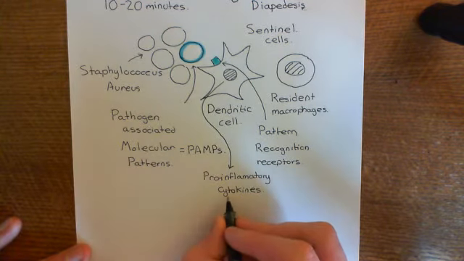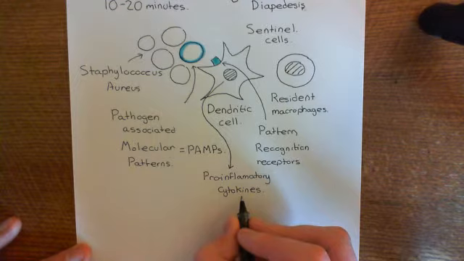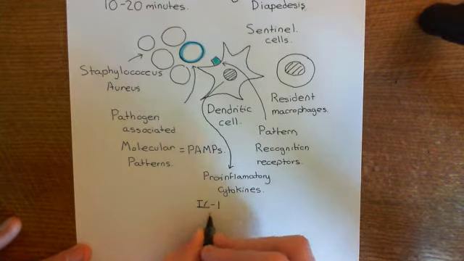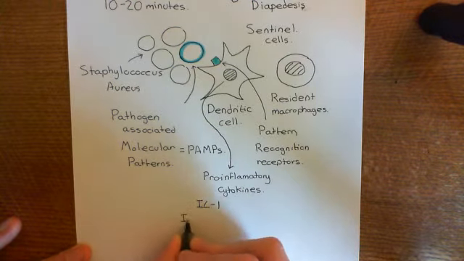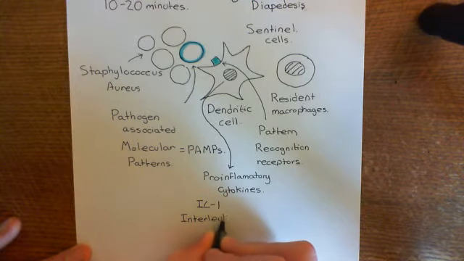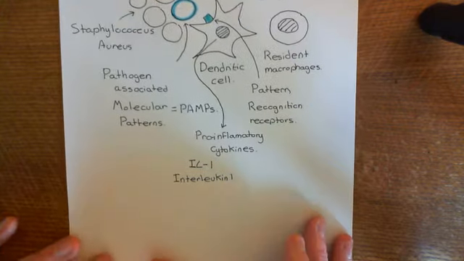Okay, so the two main pro-inflammatory cytokines which we're going to study that these sentinel cells, dendritic cells and resident macrophages will release are, the first one, called interleukin-1, and that's often abbreviated to IL-1. So this is a very famous molecule, interleukin-1, the first of the interleukins, and there are many interleukins.